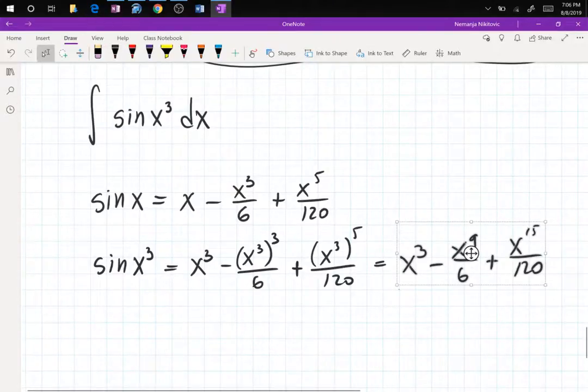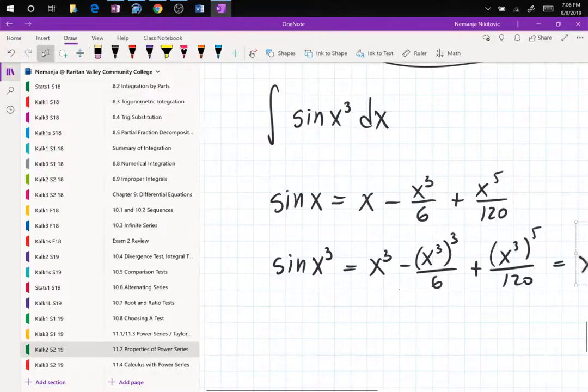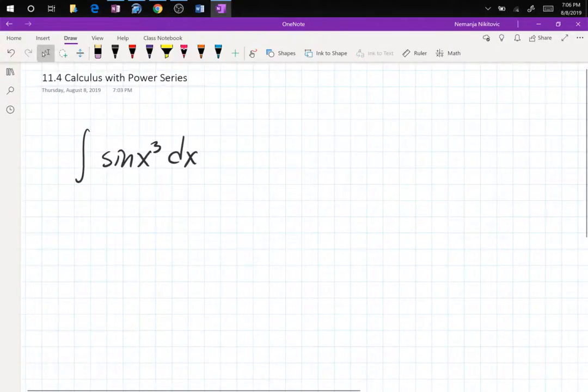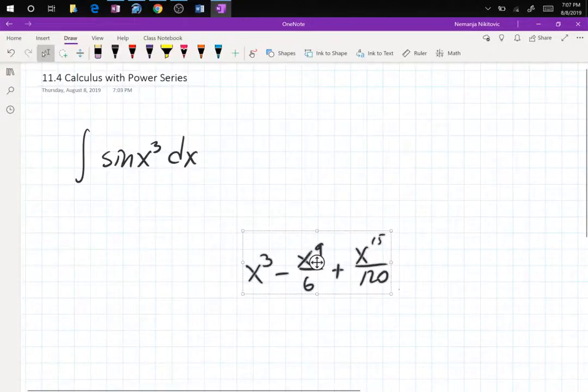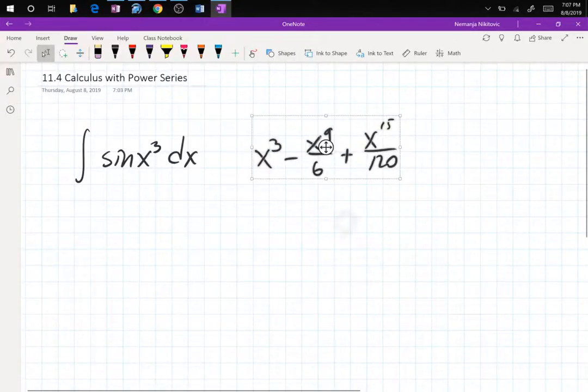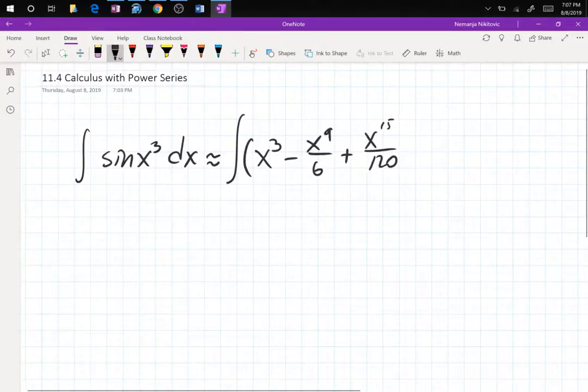So copy, and then go back here and paste. So it approximately equals the integral of this dx, and then we labeled that as a joke. So we went from a problem that we can't do into a joke, right?